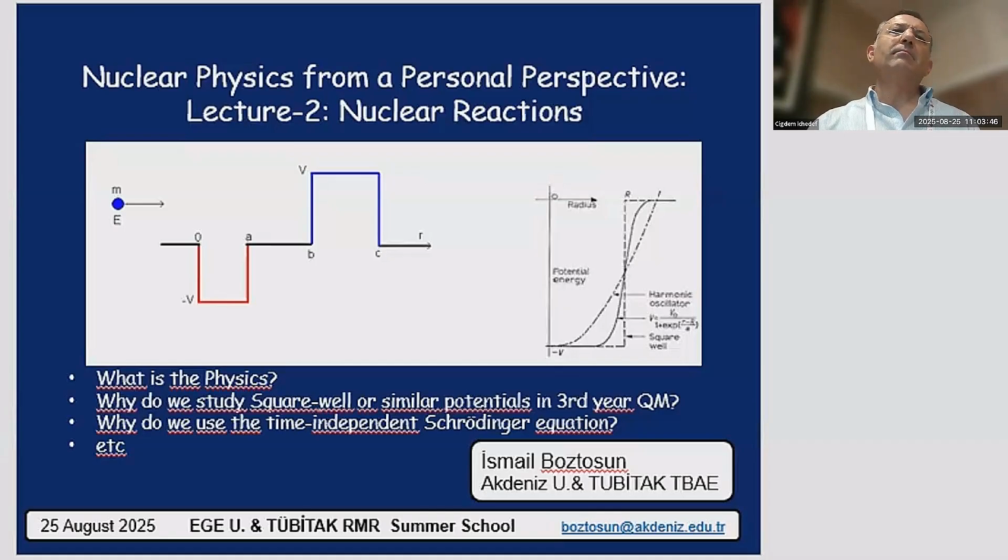Now, when two nuclei interact with each other, it can be either scattering or reaction. These are two different concepts, and mostly people confuse them. When you say scattering, the initial and final channels have the same nuclei.